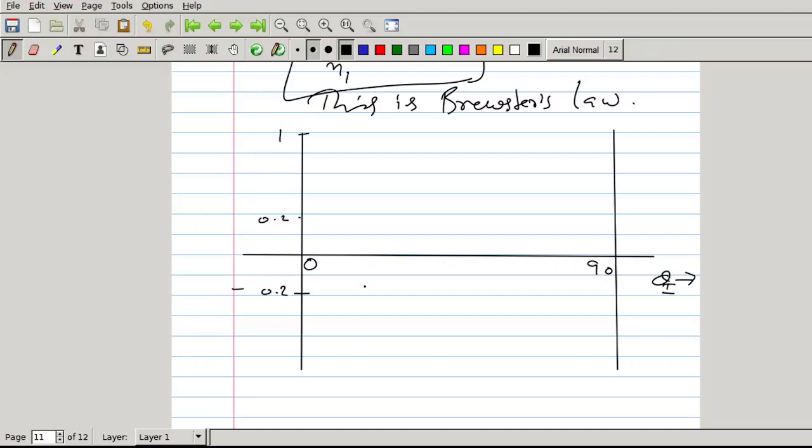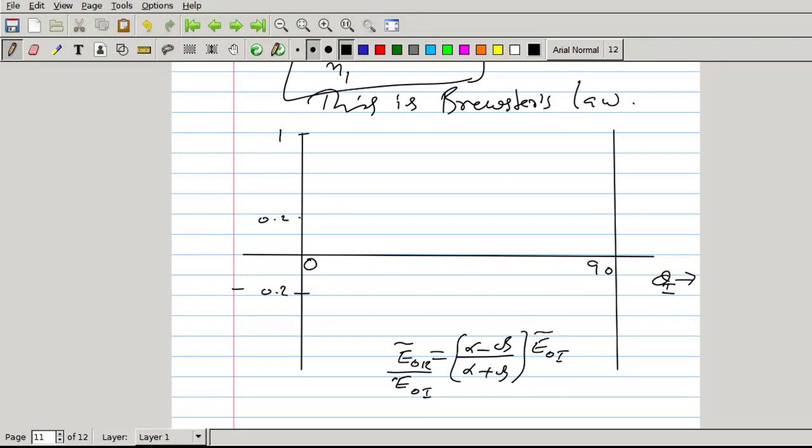So if I draw the variation of E0R, what is E0R? E0R is alpha minus beta by alpha plus beta into E0I. So take the ratio E0R by E0I.